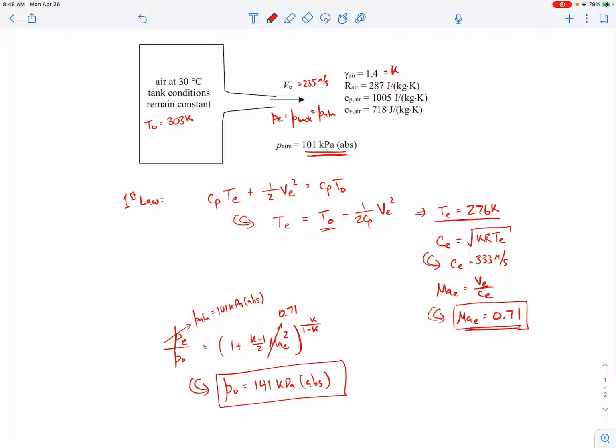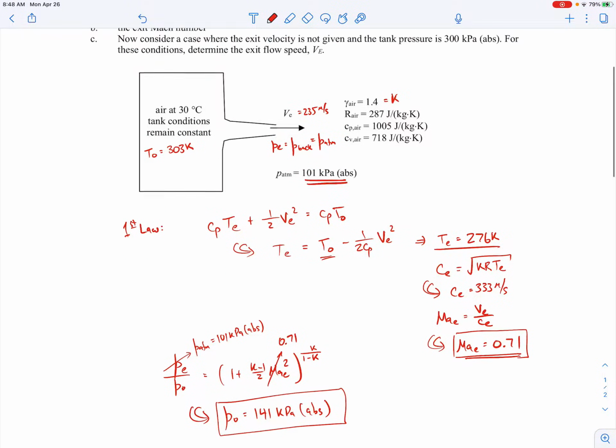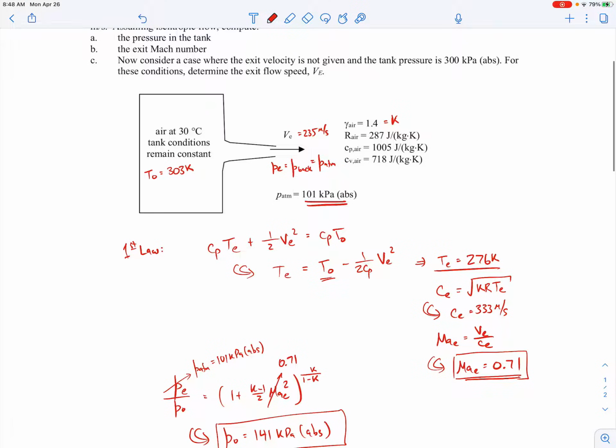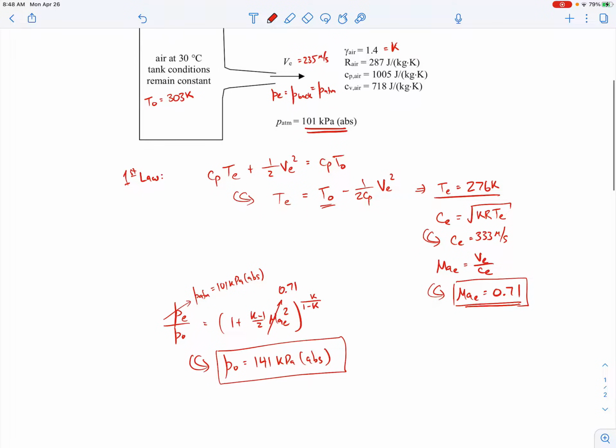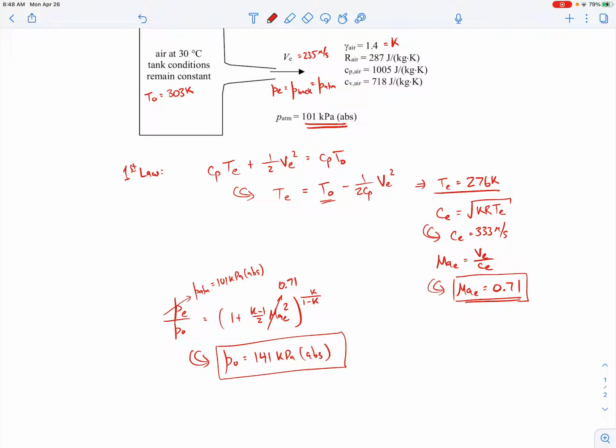Okay, so now we've done parts A and B of the problem. For part C of the problem, oh, by the way, before we do that, it's worthwhile to draw a little TS diagram just to visually show this process. We're starting at stagnation conditions, so here's the stagnation temperature. It's the temperature in the tank. Here's the isobar.